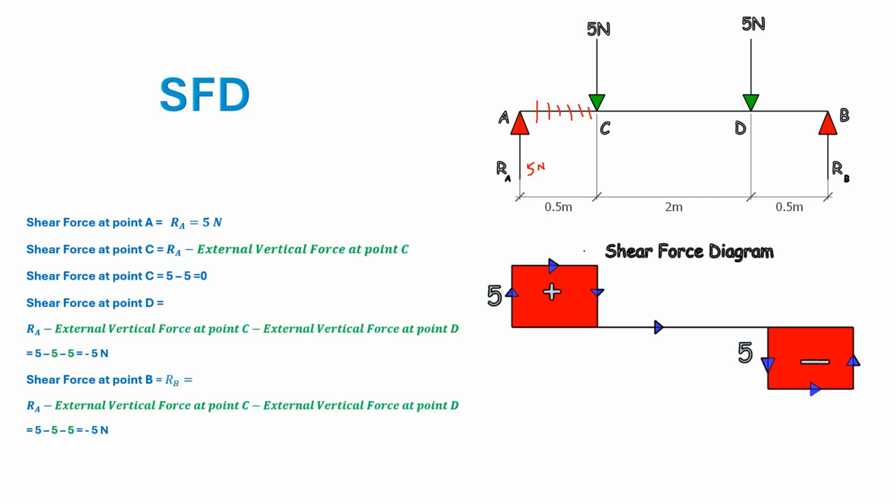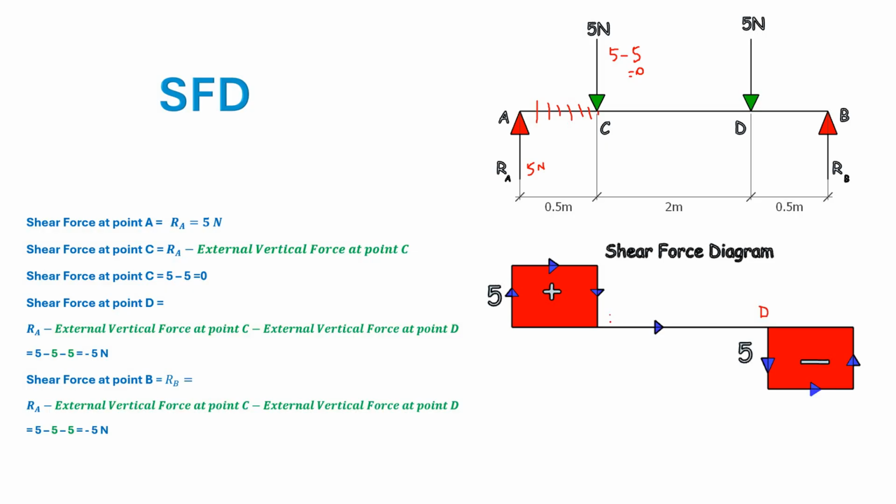Once this 5 Newton reaches this point, RA is 5 and the downward force is 5, and it reduces to 0. This 0 continues until reaching the point D here.